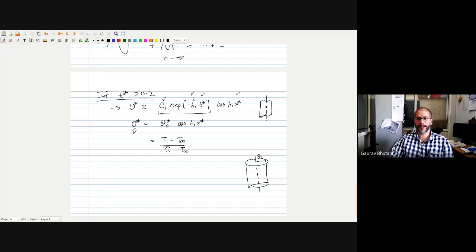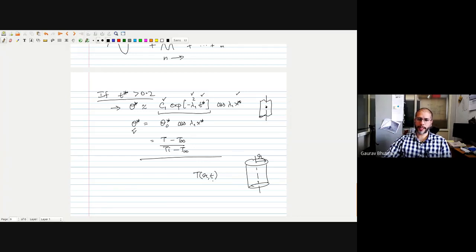So you'll write the heat conduction equation in the cylindrical coordinates. So then your temperature will be a function of, instead of x, you'll have an r and t, and it could be a sphere as well, where your temperature again is a function of r and t.